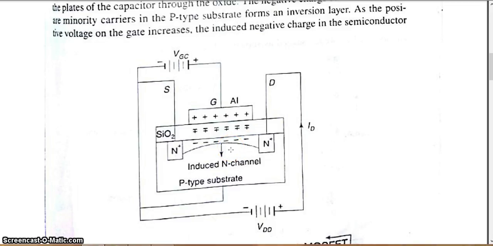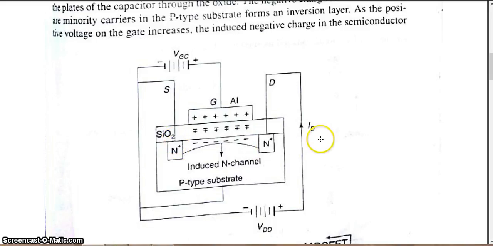When you increase the voltage, what will happen? The field will be more, and because of this field, when you apply the positive voltage to the drain also, the majority carriers, that is electrons, will move in this direction shown, that is from source to drain.